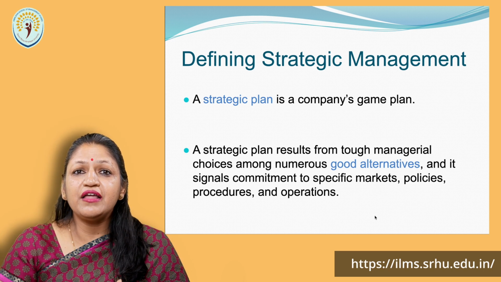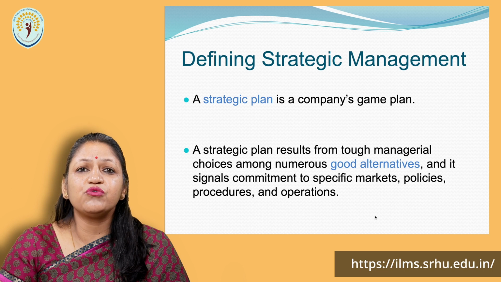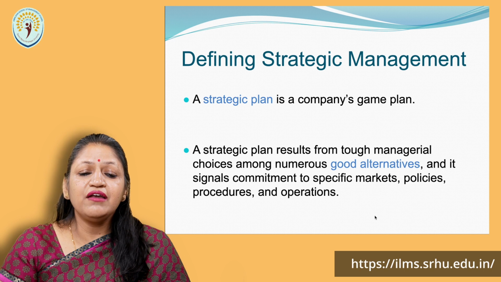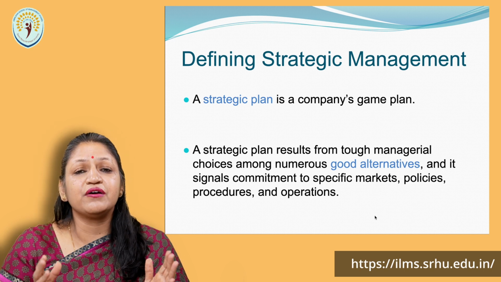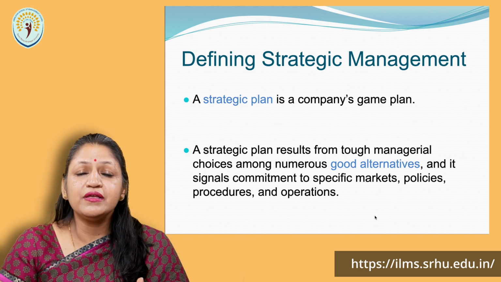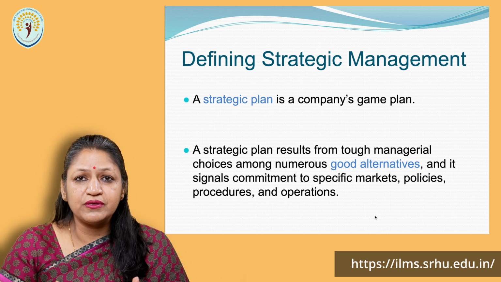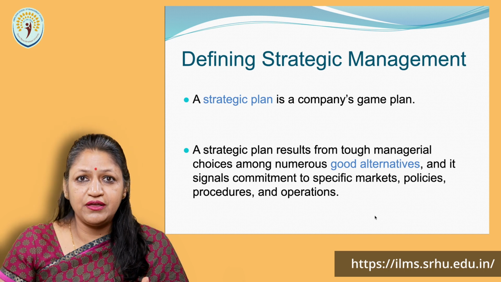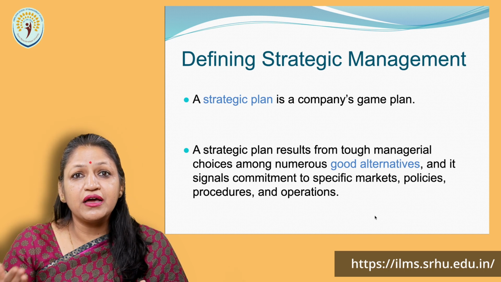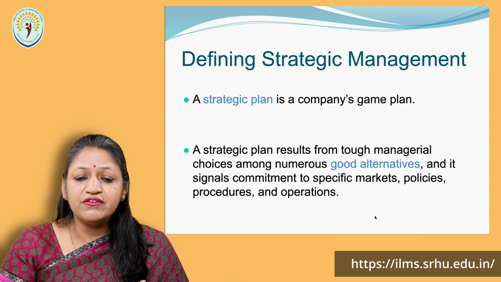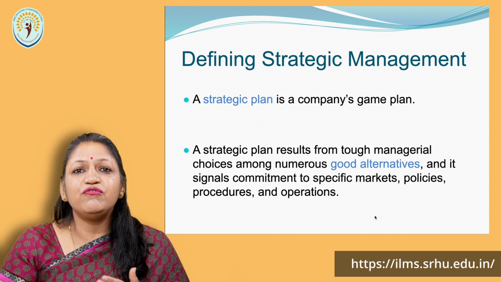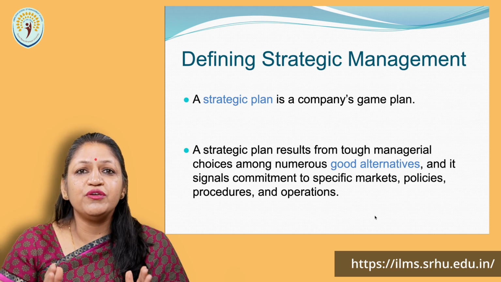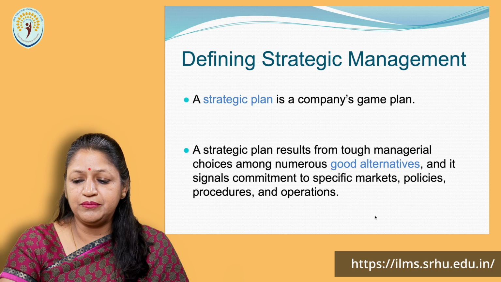So a strategic plan actually results from tough managerial choices from the various alternatives which we have. And we have to give commitment to specific markets, specific policies, procedures, and operations. This means that we have a number of alternatives regarding markets, procedures, and operations, and we have to make a choice among these. So this is basically what we mean by a strategic plan.